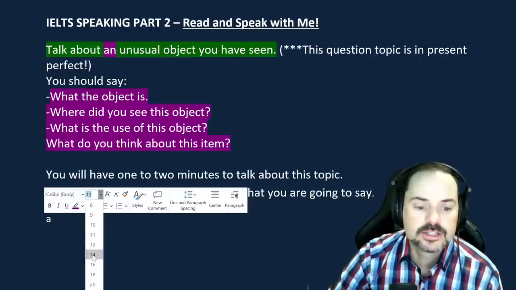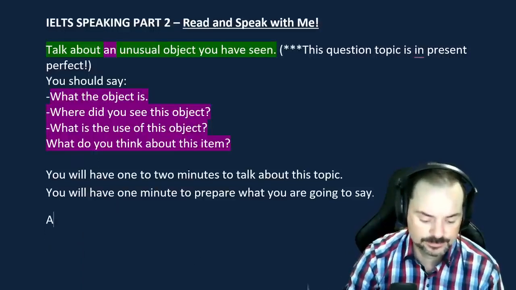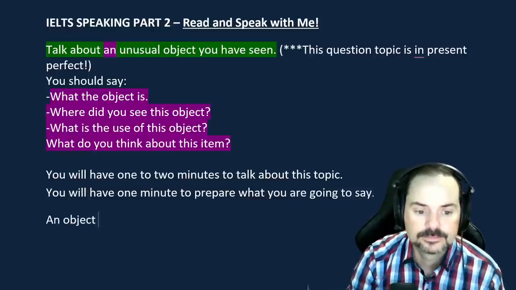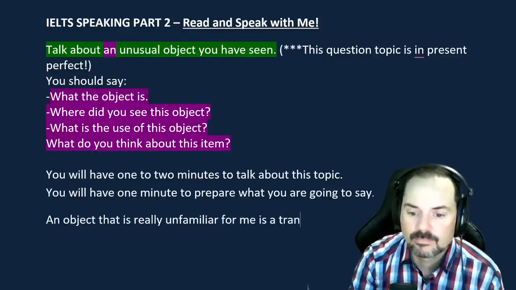Please begin speaking. An object that is really unfamiliar for me is none other than the transparent face mask. The first time I saw it was on television, at a talk show event where both the presenter and the speaker were using it.